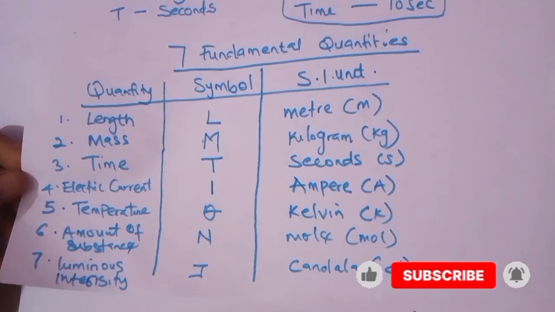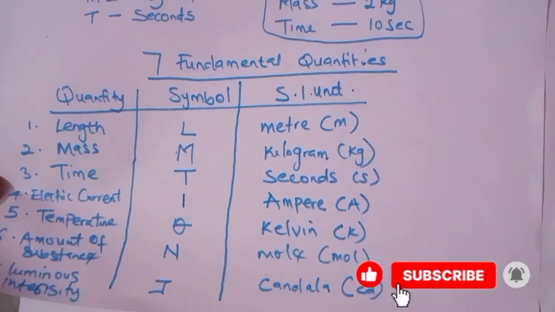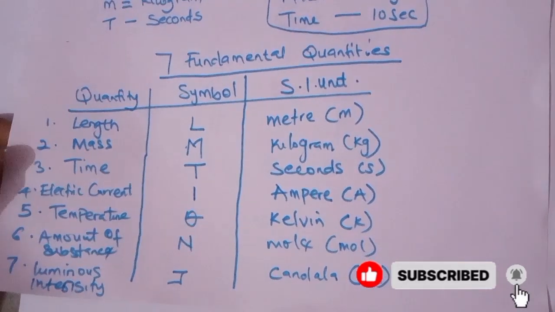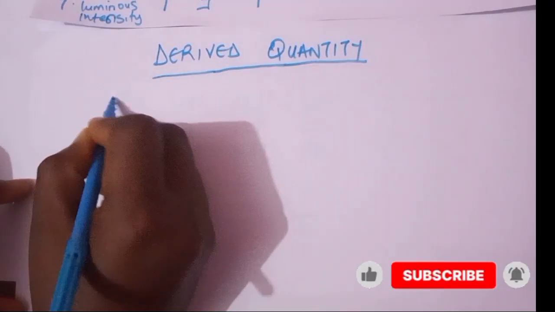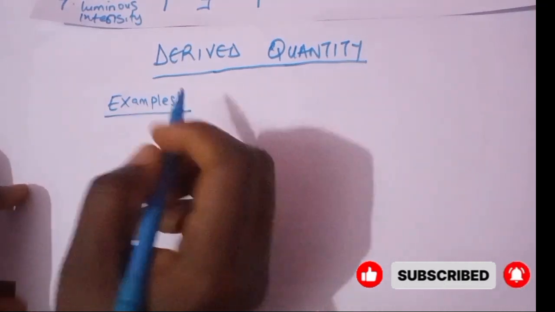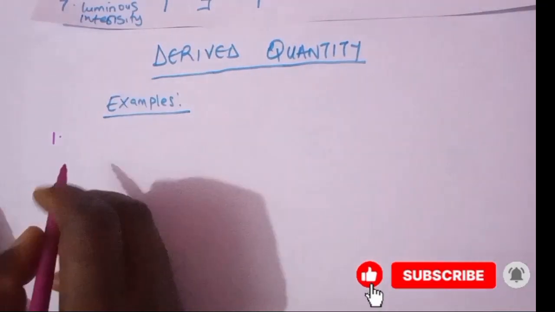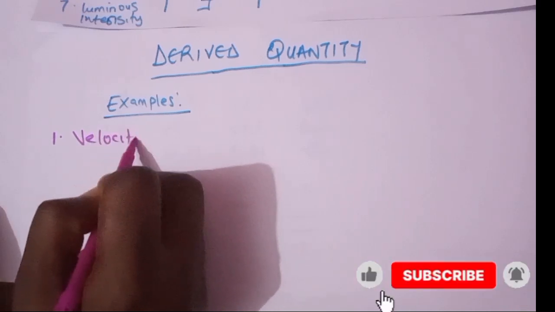So guys, let's solve some examples together. Let's go guys. So from here we can derive any quantity we want. So for example, number one, the first one, velocity.